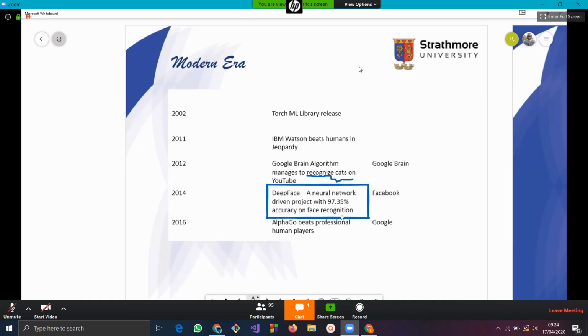You have seen it on Facebook trying to recognize your face or tag people. You can see these are massive tech companies sponsoring massive projects. And then in 2016, AlphaGo did something as well, and the story continues.